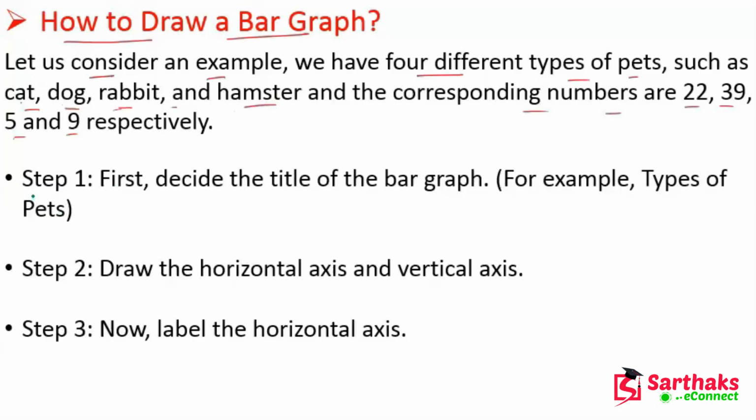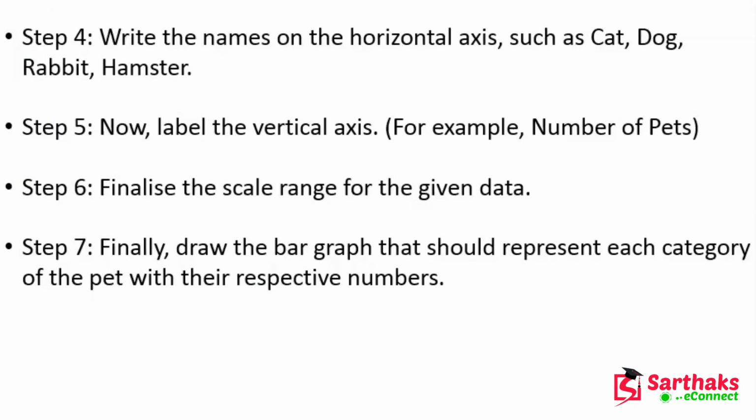Okay, so what are these? Step number 1: decide the title of the graph, for example, types of pets. In the second step, draw the horizontal axis and vertical axis. Now label the horizontal axis. In the fourth step, write the names on the horizontal axis such as cat, dog, rabbit and hamster.